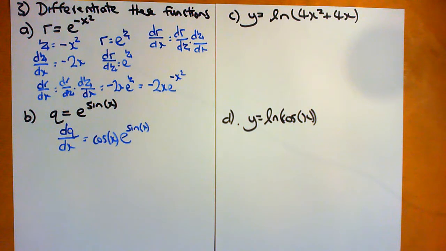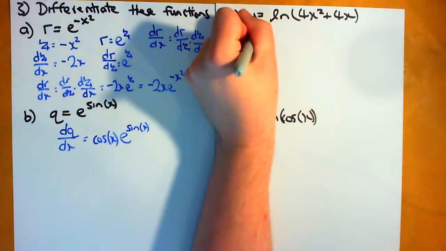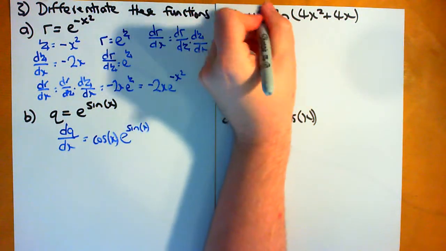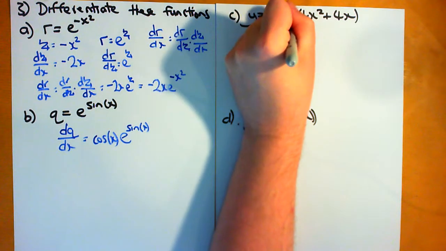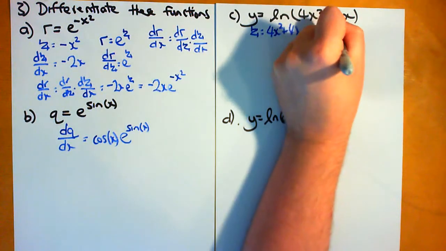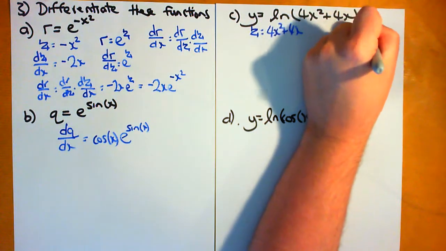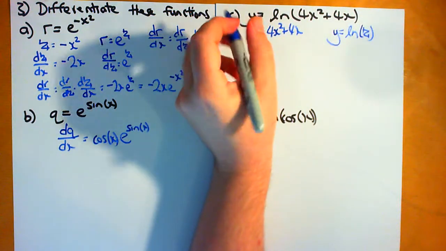Okay, great. So now question C, let's look at logarithm functions. So we need to work out what our z is. So what's z? z will be the bracket. z is going to be 4x squared plus 4x. And that leaves us with y equals log of z. So we can differentiate both of those.